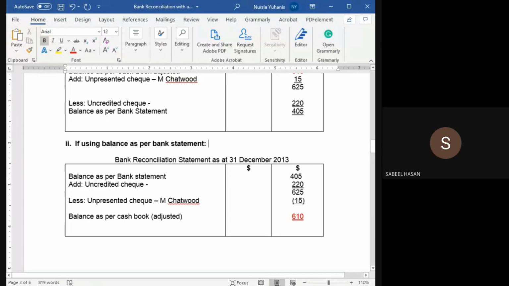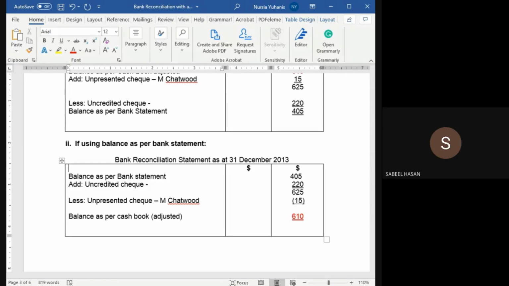Remember the adjusted cash book is 610, so your final figure must be 610. But actually if you don't want to, you can choose not to prepare the adjusted cash book, as long as you put the items under the correct added or deducted column.